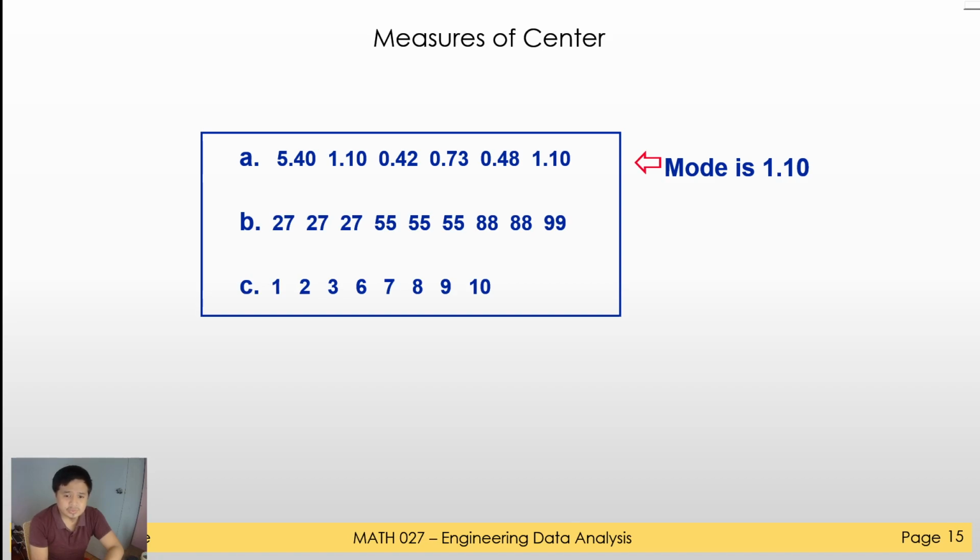These two values have the same number of repetitions. Therefore, they are the modes, and the data set is bimodal. We will not include 88 since the most repetition is still 3. And for the last one, we do not have a repetition, so this data set has no mode.